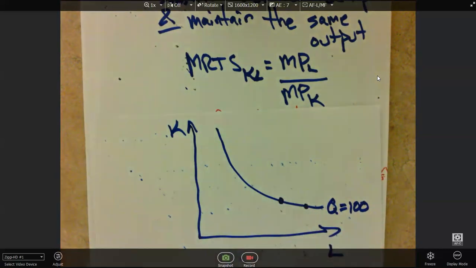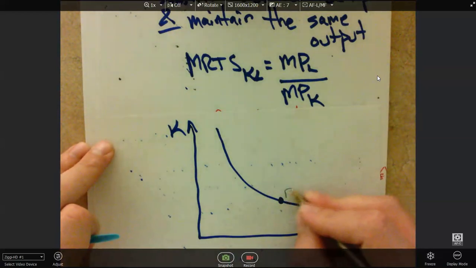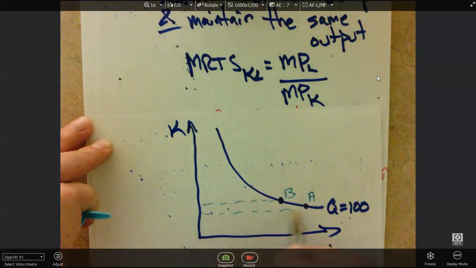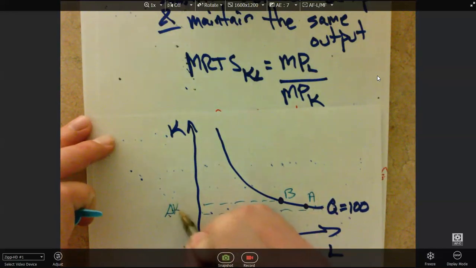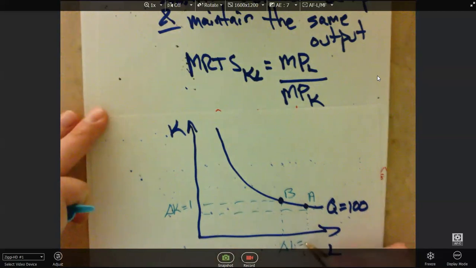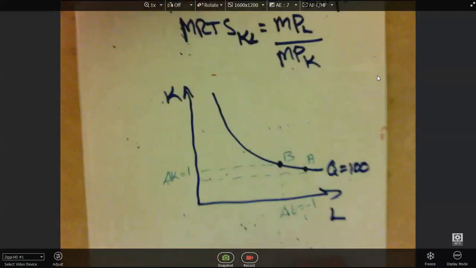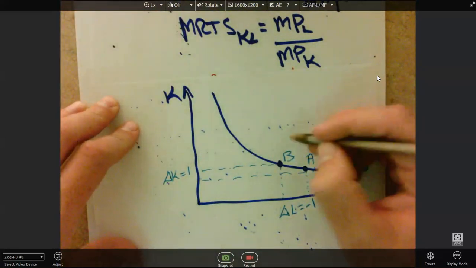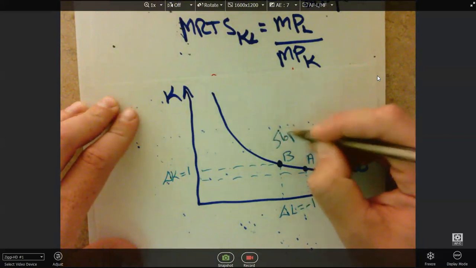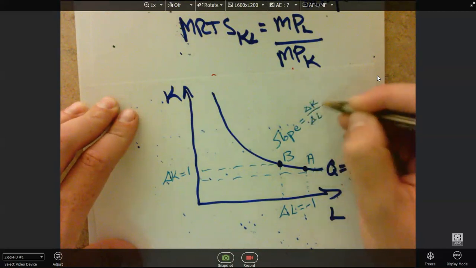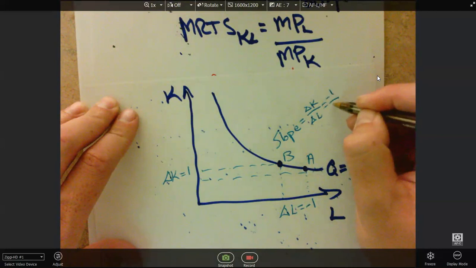First solution. So A to B, this is going to be a change in the capital of 1, and this is going to be a change in labor equal to 1. And so when we're down here, the slope of this is going to be equal to the change in K over the change in L. So that's going to be +1 over -1.